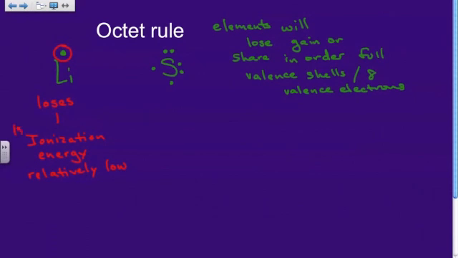I should indicate that that's the first ionization energy, the energy to lose 1 electron. However, the second ionization energy, the energy to lose a second electron, is really high, because for lithium to lose a second electron, it would no longer be stable.